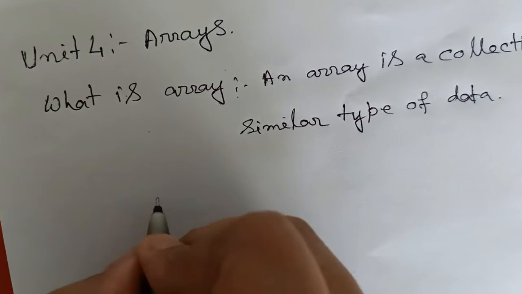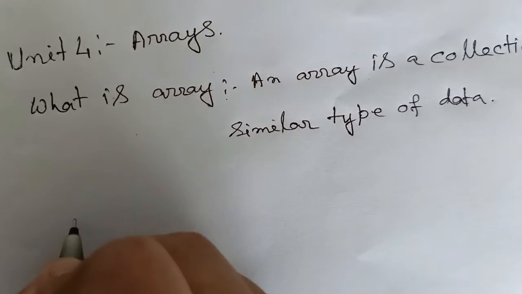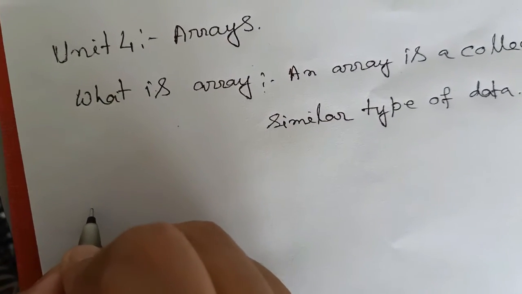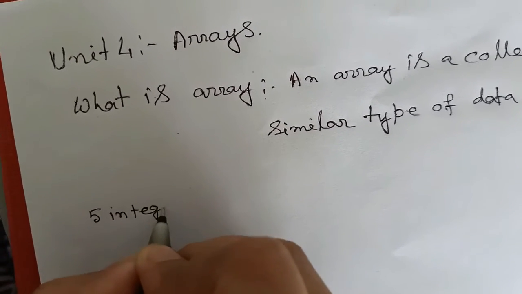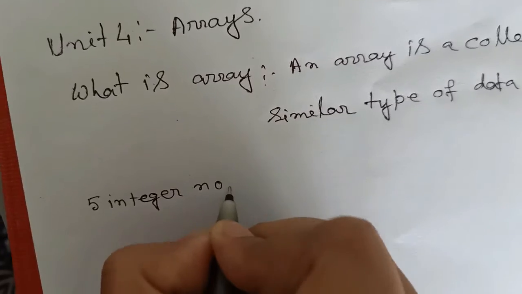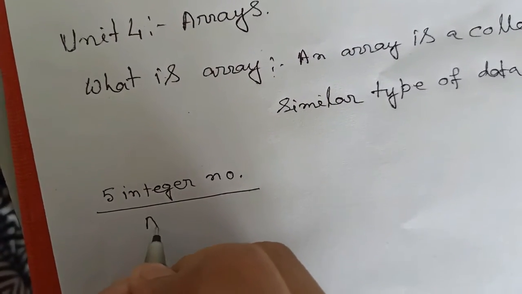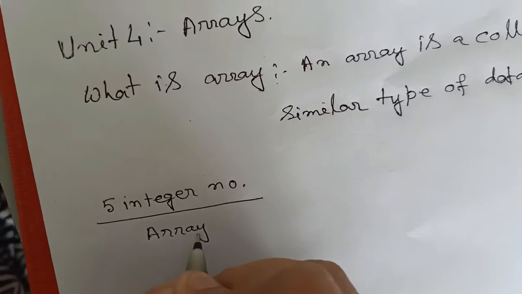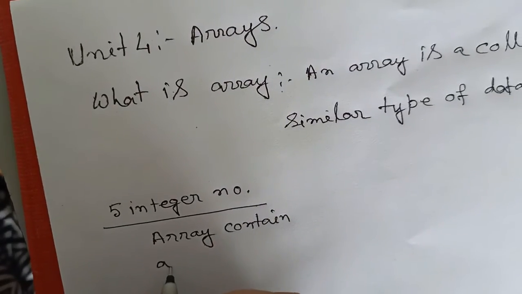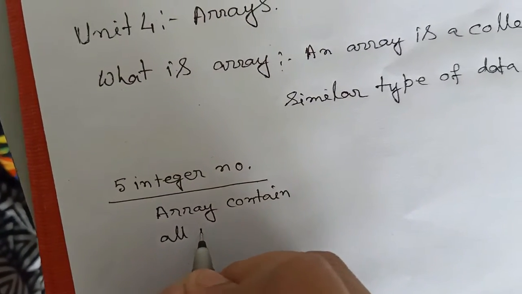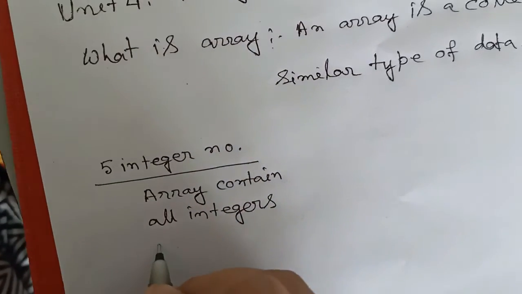So it means there are 5 integer numbers. That means the array contains all integer numbers.